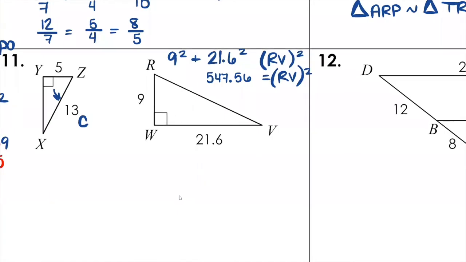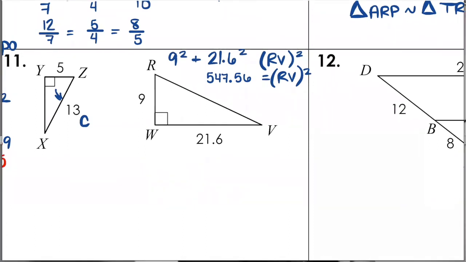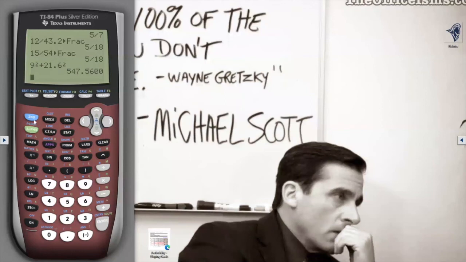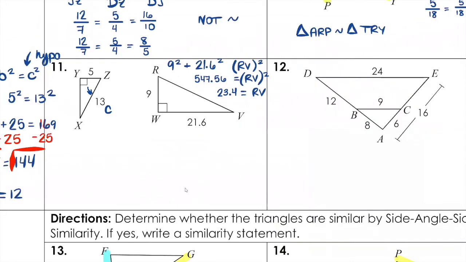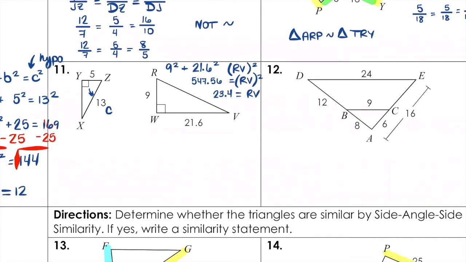Okay, so 547.56 equals RV squared. And then I go back to my calculator. If I just hit second, x squared, and then I don't even have to type this in, I can go second answer, I get 23.4. Again, that will not be on your test on Wednesday. I could do it as a bonus.